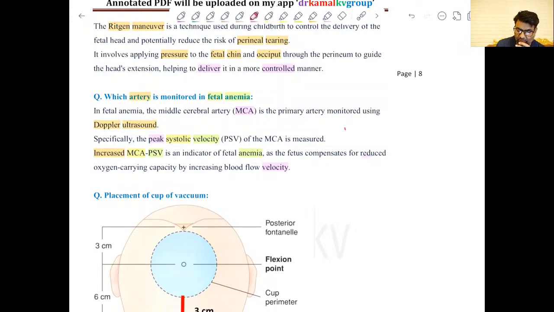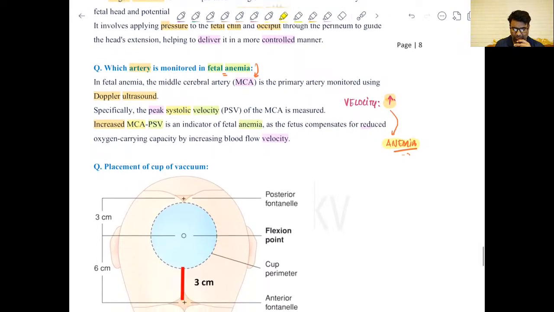So if the velocity is more, it means there is anemia. So this is very important to remember. Clear? So for fetal anemia, we check the peak systolic velocity in the middle cerebral artery using Doppler ultrasound, and if we find that the velocity is more, it goes in favor of fetal anemia. Clear? So this is also one very important question.